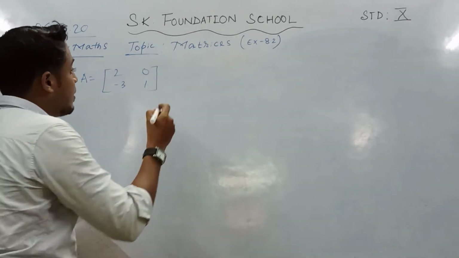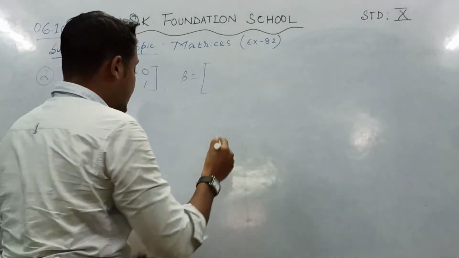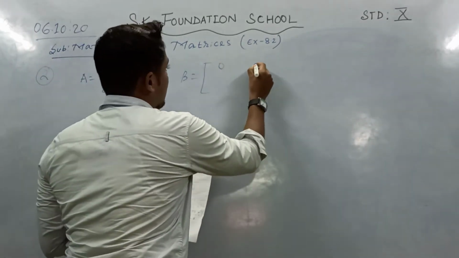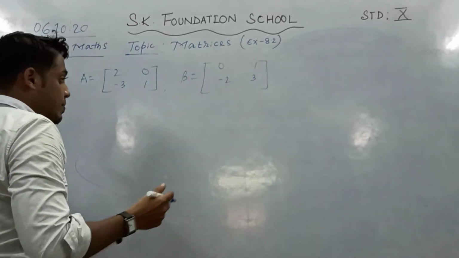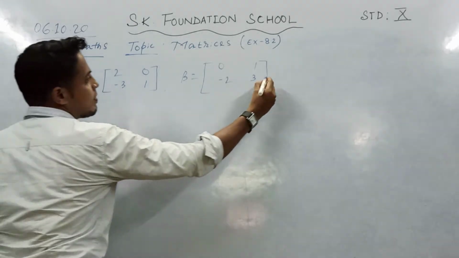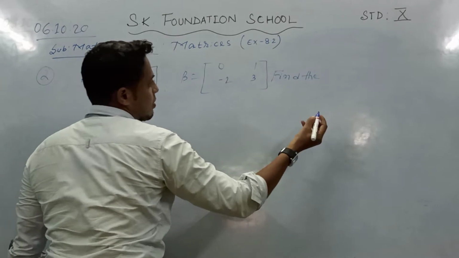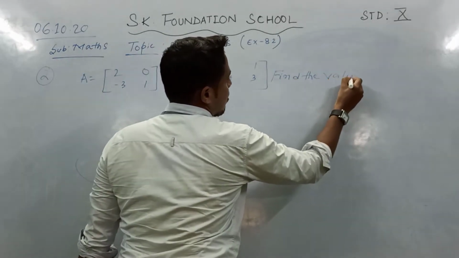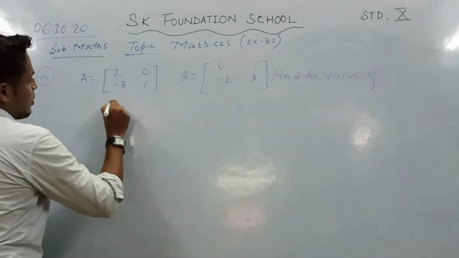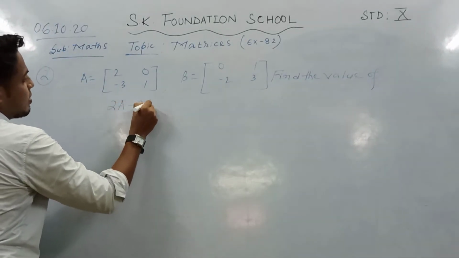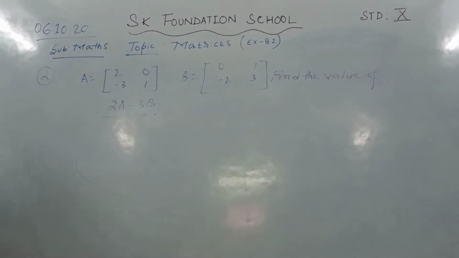B matrix is 0, 1, minus 2, 3. This is the B matrix. We are going to find the value of 2A minus 3B. Okay, find the value of 2A minus 3B. Clear?